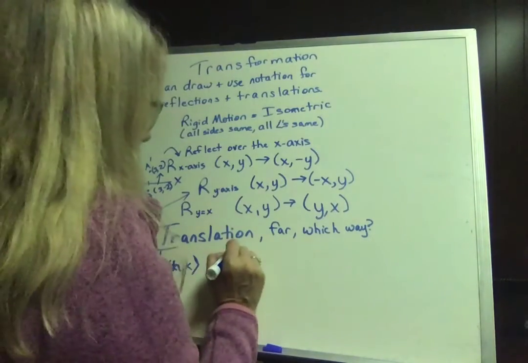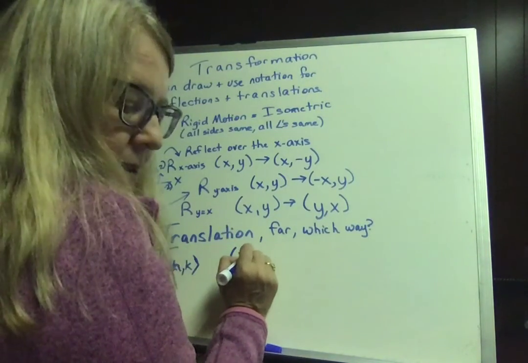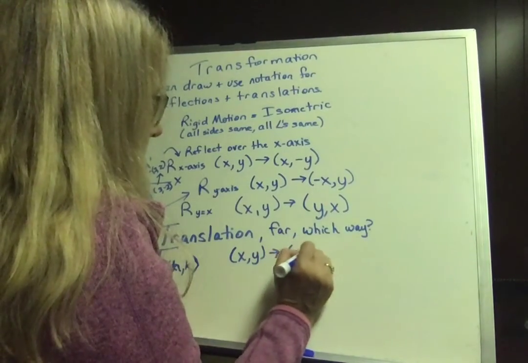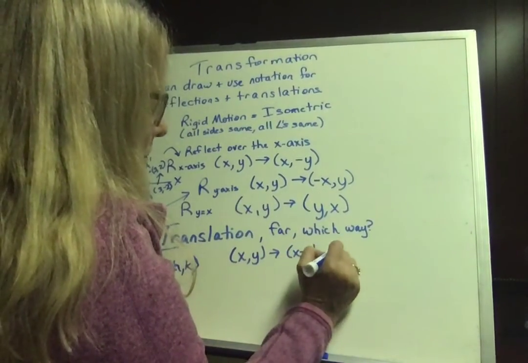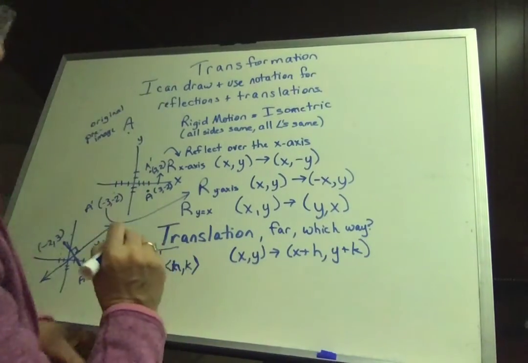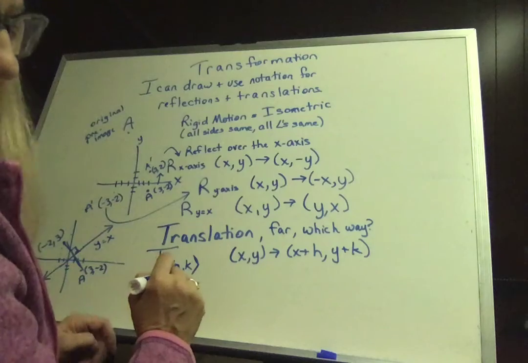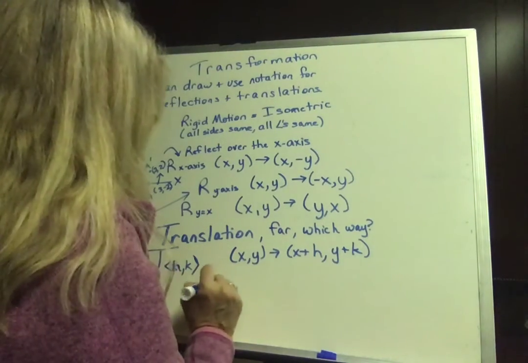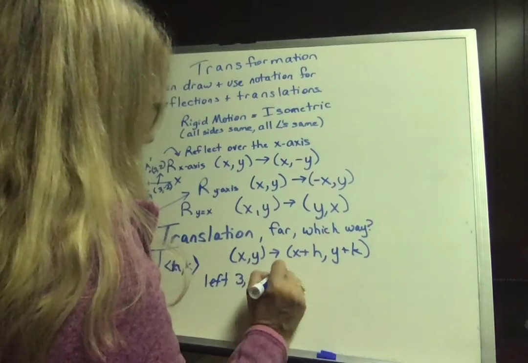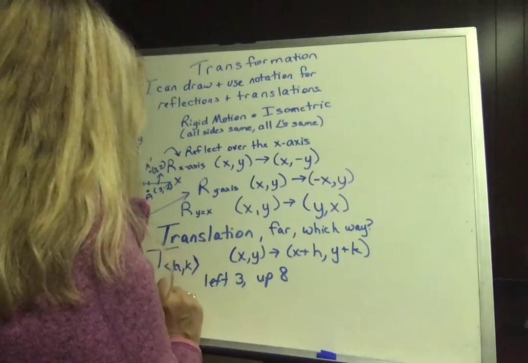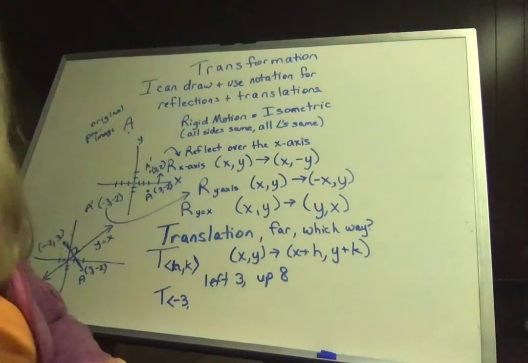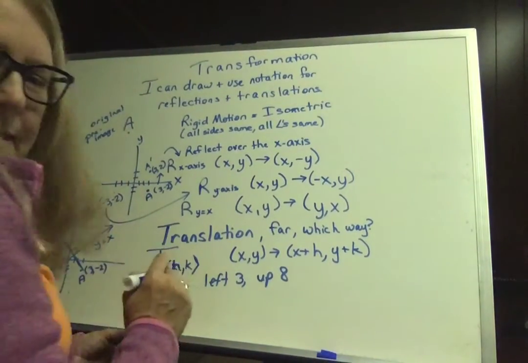So that basically says x, y, moves x plus a certain number or minus a certain number, and y plus a certain number or minus a certain number. So if we were saying that we were going to go left 3 and up 8, it would be T left 3, negative 3, up 8, positive 8.